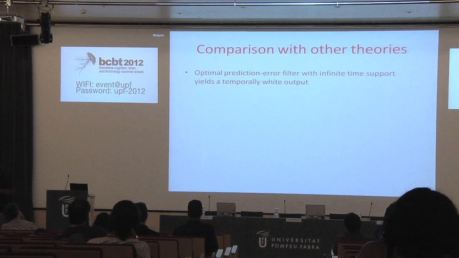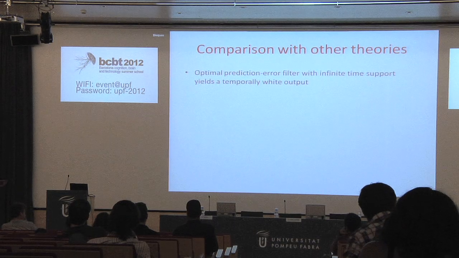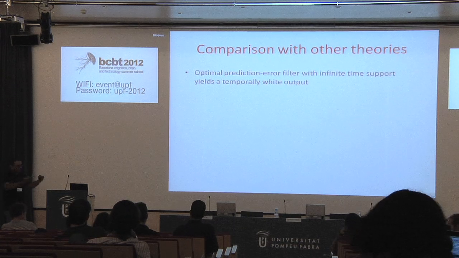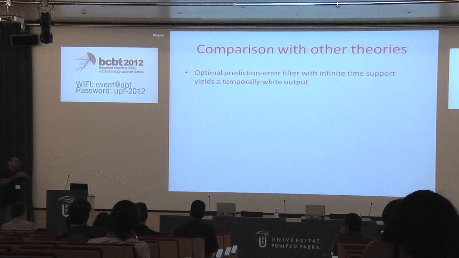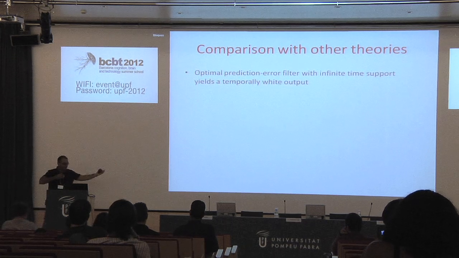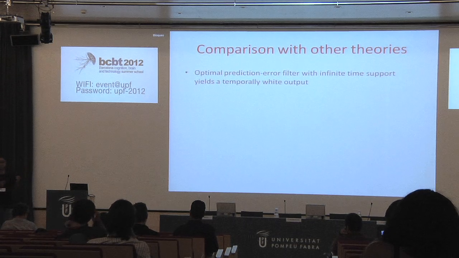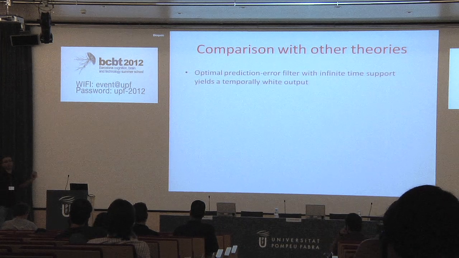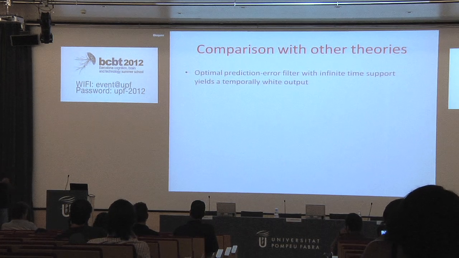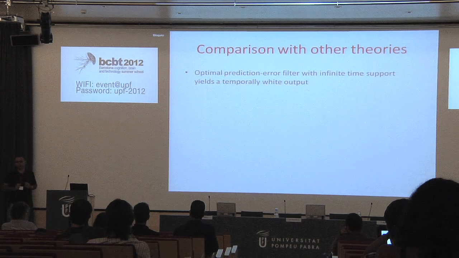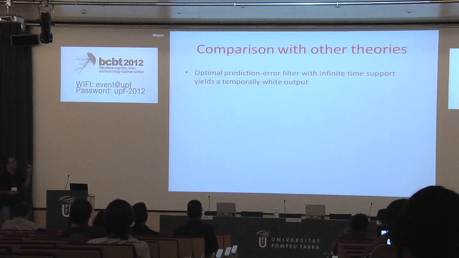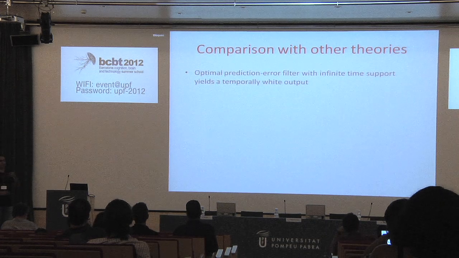If predictive coding is done optimally, and the filter can be infinitely long in time, using signal values infinitely far back in the past to predict the current value of the signal, then you can prove a theorem that the outgoing signal, which is the prediction error, is white. This is the so-called orthogonality condition for optimal linear filters. Okay? So what this system does, it actually whitens the input and transmits a white signal downwards.